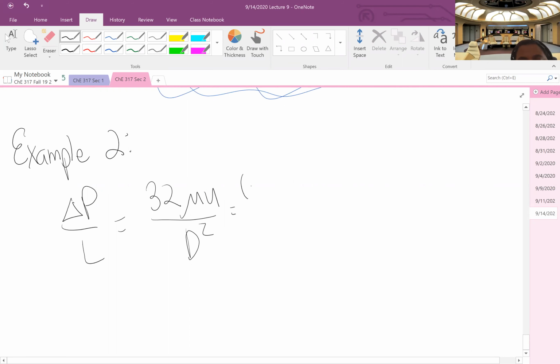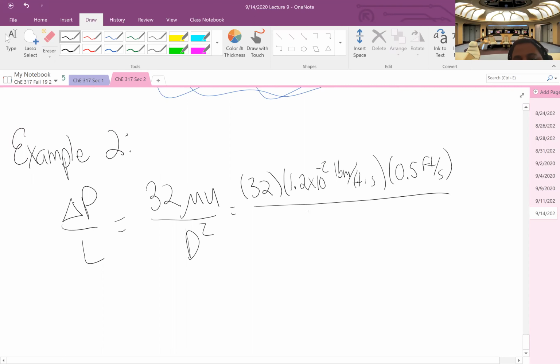So we have 32. The viscosity as provided in the problem was 1.2 times 10 to the minus 2 pound mass per foot second. The velocity was 1/2 feet per second, and the diameter was 2/12 feet.